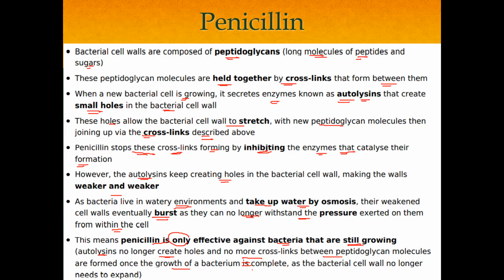That punching hole and stretching the cell वो mature cells में नहीं हो रही है. ठीक है, because जब mature हो गया cell, जब fully grown हो गया, तो its cell wall does not need to expand. तो expand होने की जरूरत ही तब है when it is growing. ठीक है, so this is what penicillin does. It inhibits the enzymes which catalyze the cross-linking between the peptidoglycan molecules.